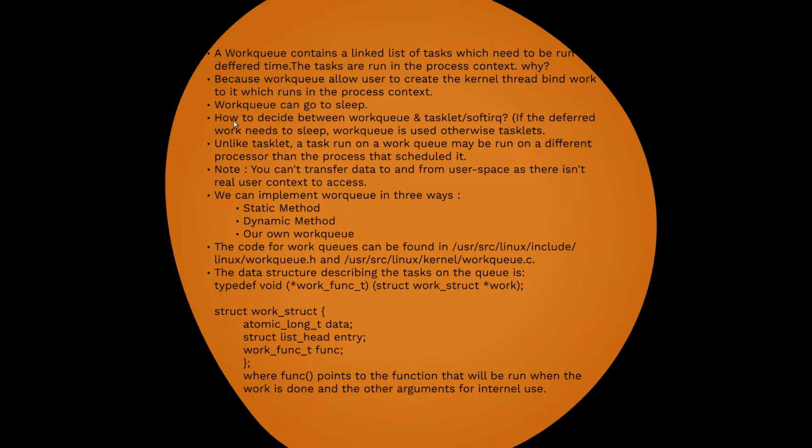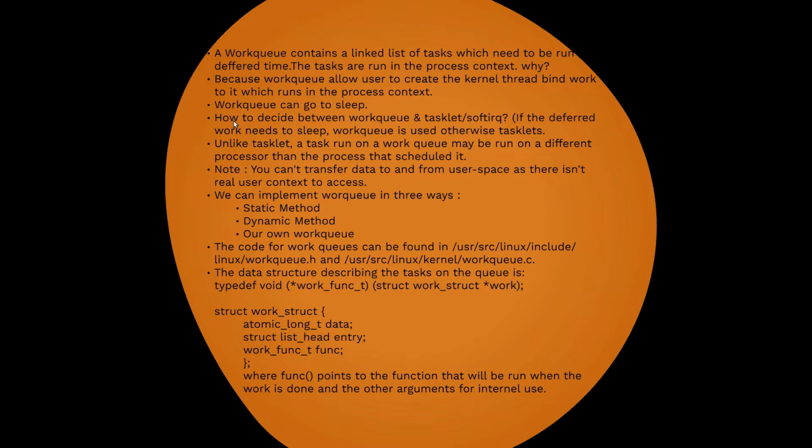The data structure describing the tasks on the queue is typedef void, with the return type being the work function, and the argument you need to pass is the work structure. This work structure has three entries: the data entry, the struct list_head entry, and the function. The function points to the function that will be run when work is done, and the other arguments are just for internal use.